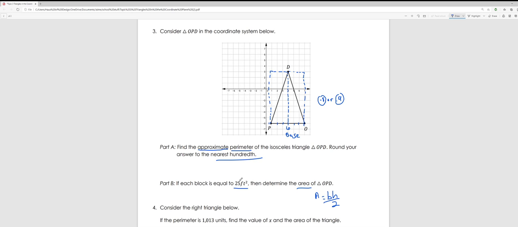Now, it says each block represents 25 square feet, so once you find these units here, you multiply, and whatever you get, you're going to multiply that by 25 square feet, because each block, each unit represents 25. What this gives you when you plug in your numbers is units.